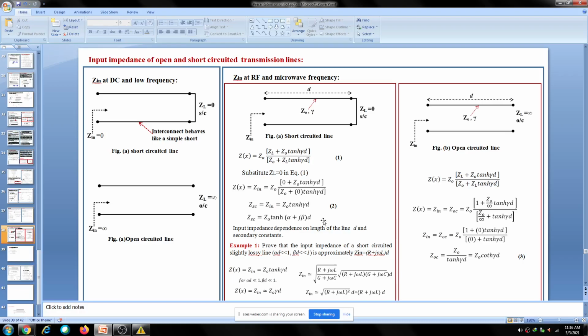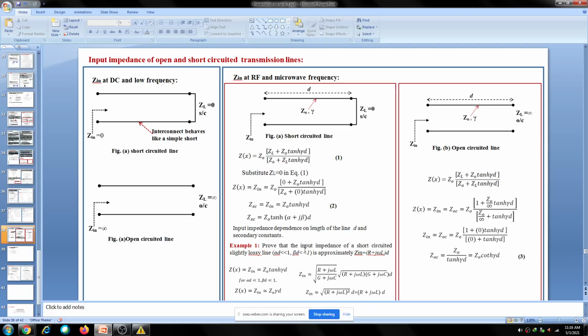How it varies as a function of distance, we will see later. So if they ask you to derive the expression for input impedance of a short circuited line, you should do this.